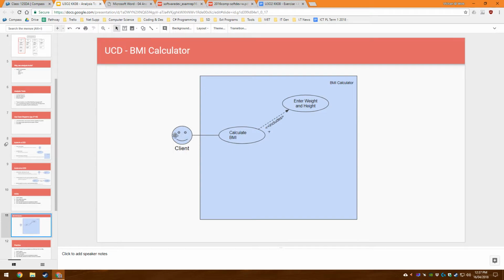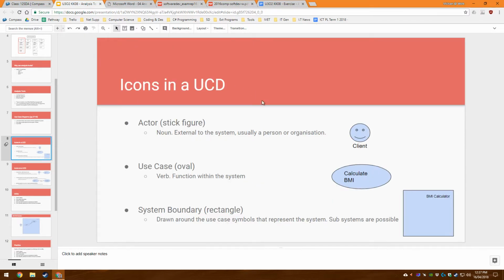We're just going to go through this symbol here, the large box, these lines, and the ovals that contain certain words. You can see here, the client can calculate the BMI, and it includes entering weight and height. We're going to discuss what each of these mean over the next few slides. Right, so we jump back.